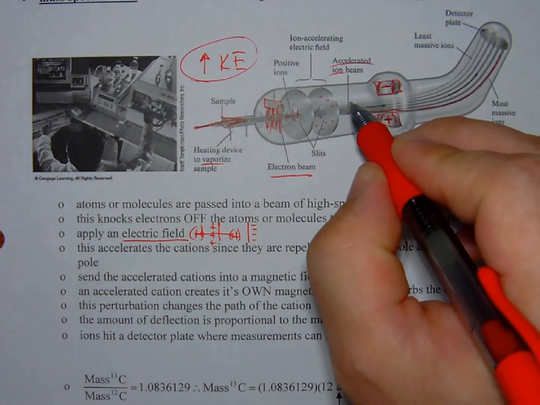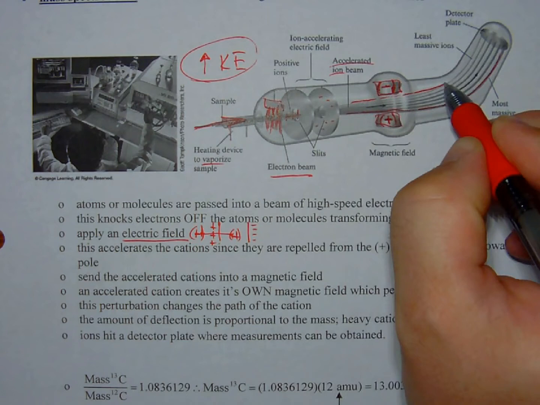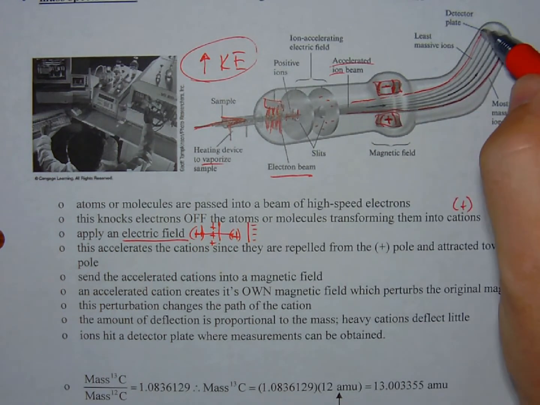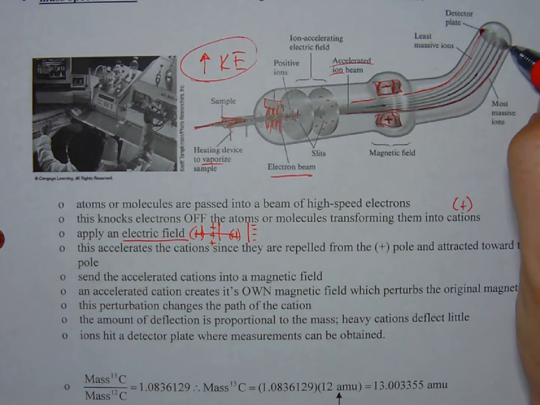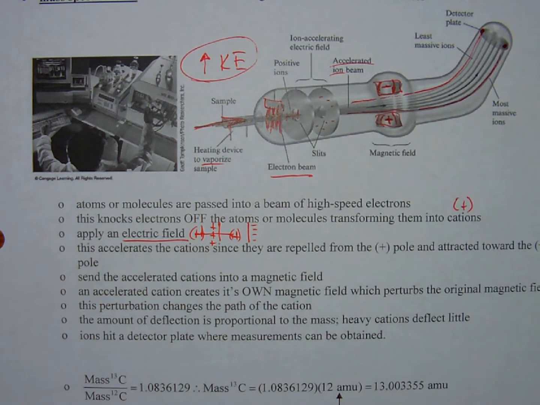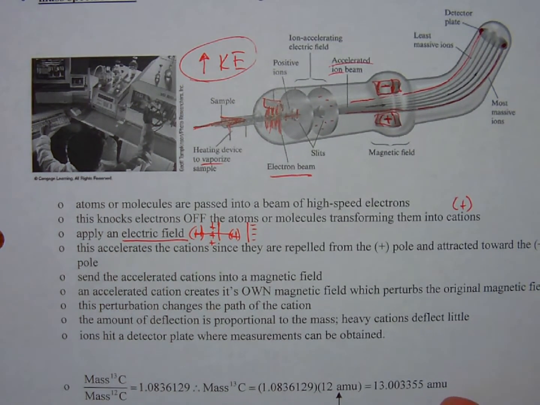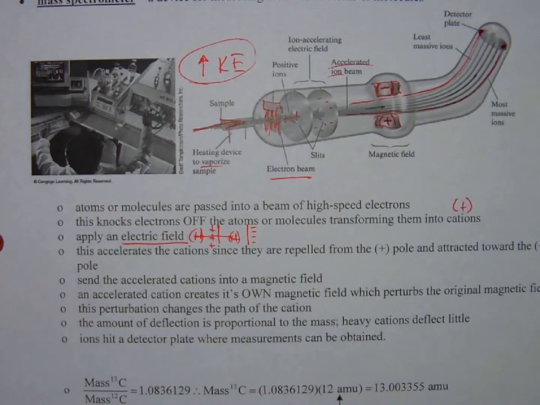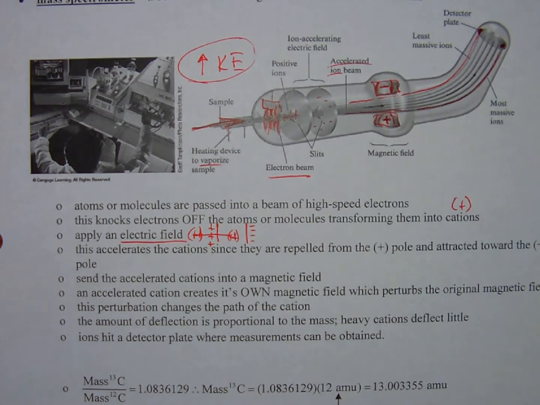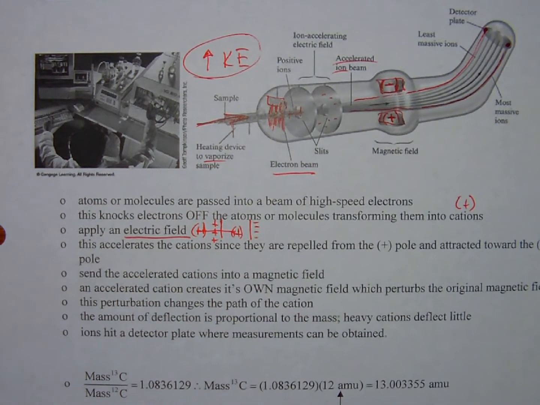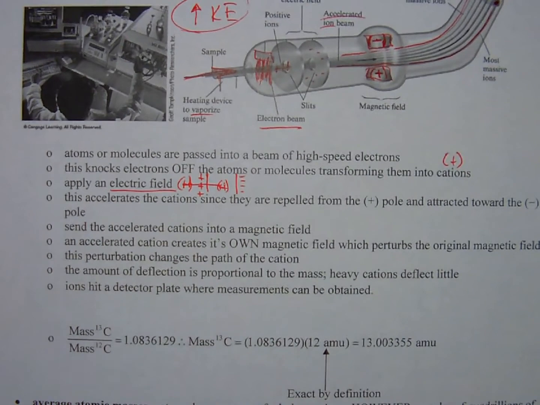If the atom or molecule is very, very light, it will be deflected more and hit the detector plate with a greater deflection compared to this more massive ion that's depicted here on the bottom of the mass spectrometer. So once those ions hit the detector plate, the measurements are made, and you can determine the relative masses of atoms and molecules as they are deflected by the magnetic field.